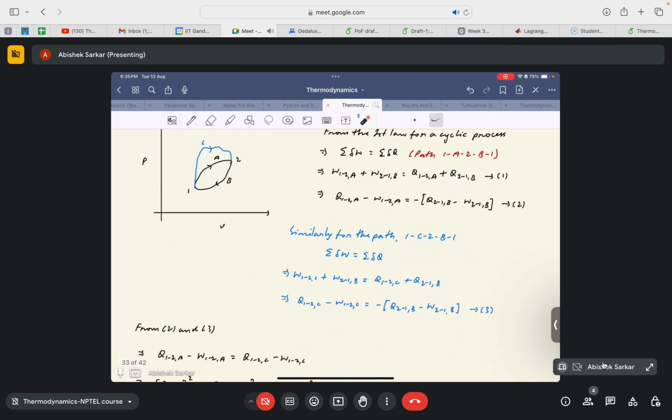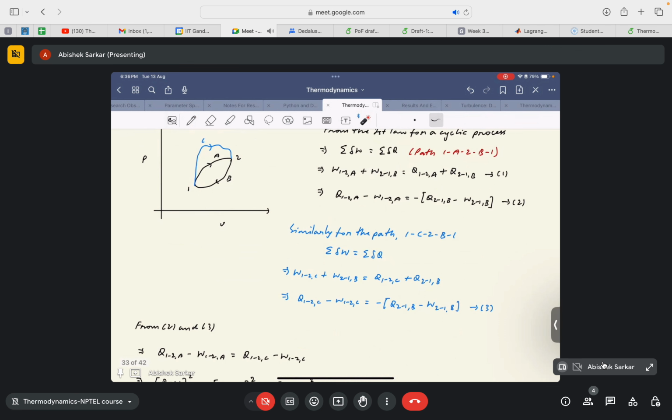Similarly, if we consider a different path, path C, and follow the path 1C2B1 to complete the cyclic process, again the cyclic integral of net work would be equal to the cyclic integral of net heat transfer. Then we have W12C plus W21B equal to Q12C plus Q21B. I hope it is clear. You can stop me if you're confused.